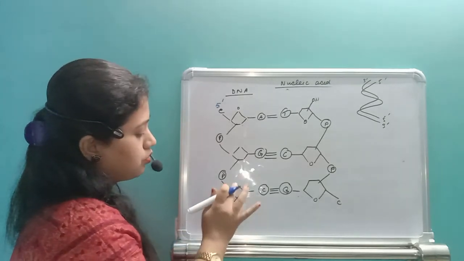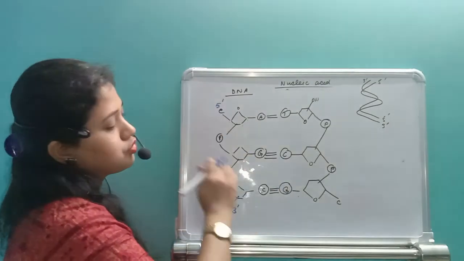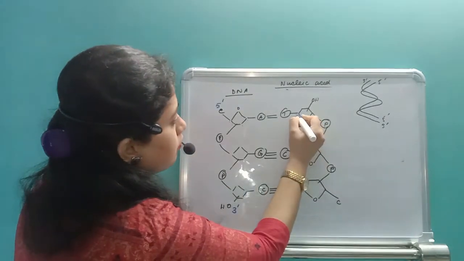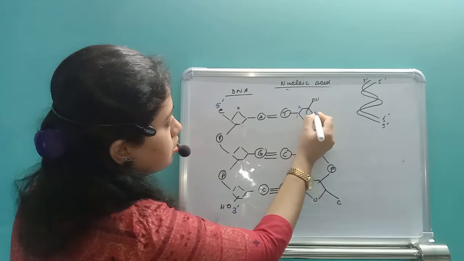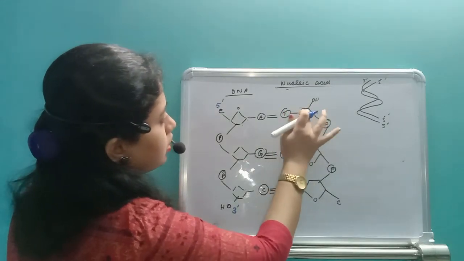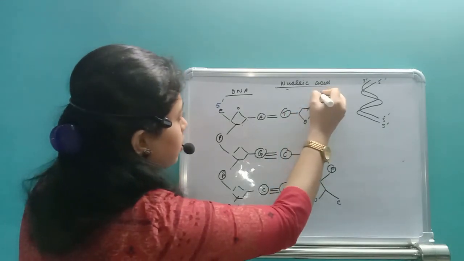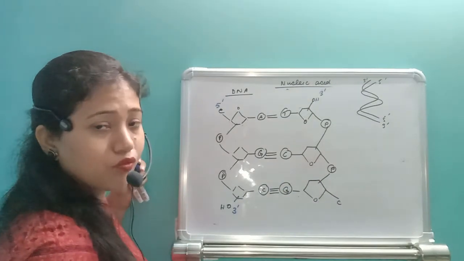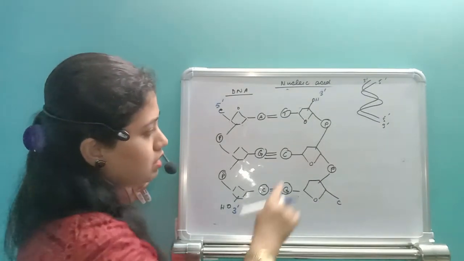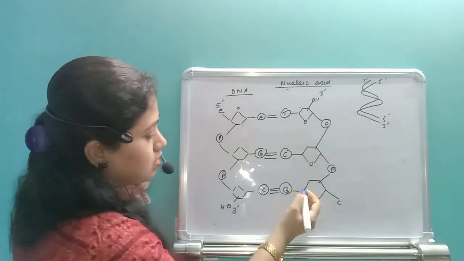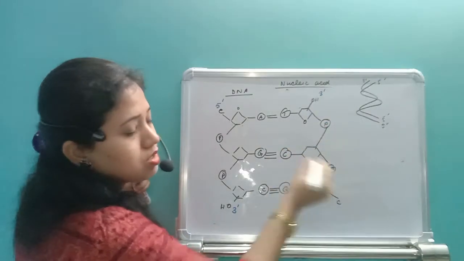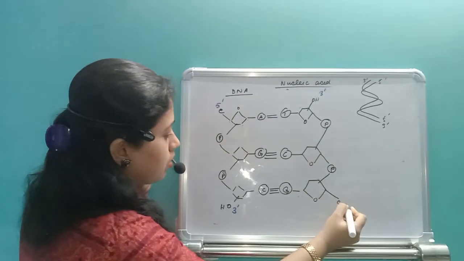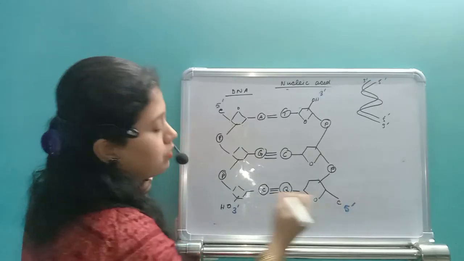So if the next one comes to this chain, this is the first carbon, second, third, fourth, and fifth carbon. The third carbon is free here, with a hydroxyl group present having no bond with any other compound. In this chain towards this end, first, second, third is attached to the phosphate. So here fourth and fifth, so the fifth carbon is now free, right?